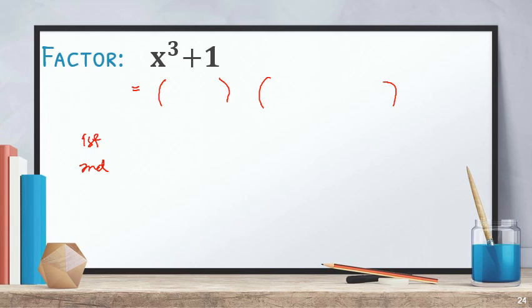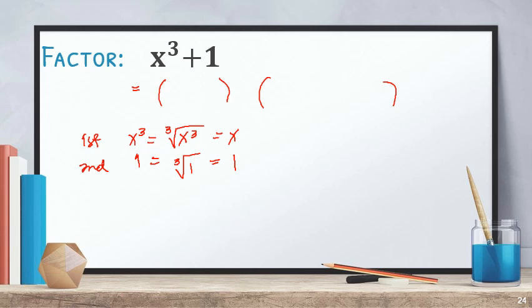For us to get the first and the second term of the first factor, we will be getting the cube root of the first term of the given. So the cube root of x cubed is x. And then get the cube root of the second term of the given. So the cube root of 1 is 1.